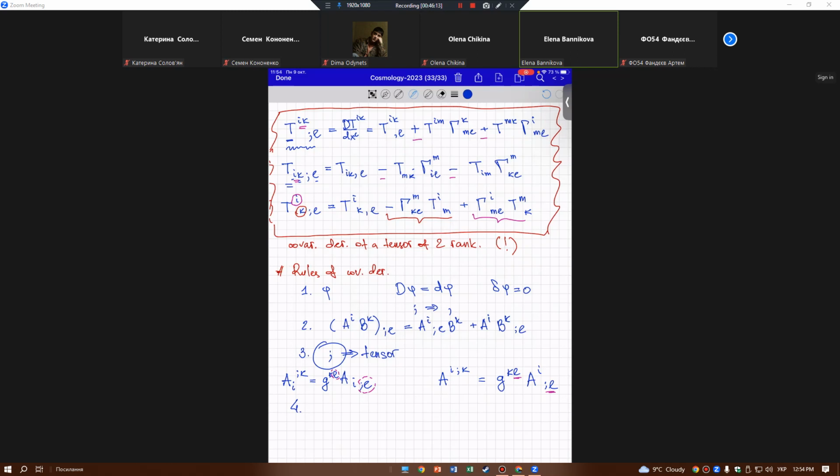Fourth, I would like also again to repeat and to put it here as a property that the Christoffel symbol is not a tensor. I already said about this, but it's not a tensor.